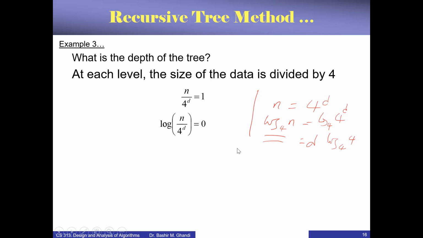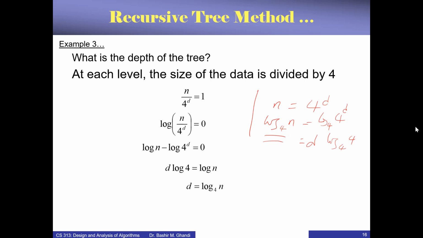Alternatively, log of 1 is 0, but log of a over b is the same as log of a minus log of b, so d log 4 is going to be log n, and therefore d is log of n to base 4. The same way. So we now know the depth of the recursion, which is the second question we must answer.